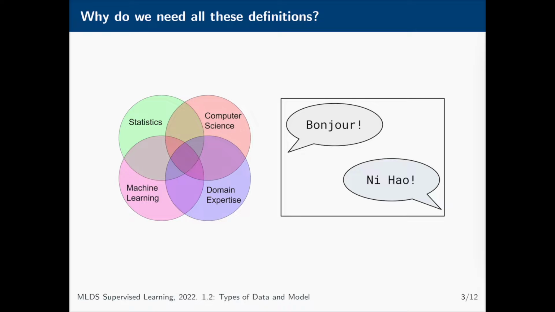These range from statisticians, computer scientists, machine learning specialists, and of course the people with the domain expertise in whatever problem it is that we're trying to tackle. Each of these people bring very different backgrounds and very different ways of talking and thinking about these problems. It's important that we have enough overlap in our vocabulary that we can effectively communicate with someone from any of these areas.